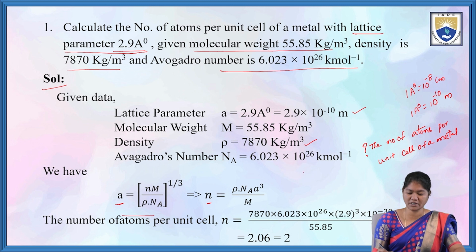So here we can derive: A is equal to (Nm by rho Na) whole power 1 by 3.